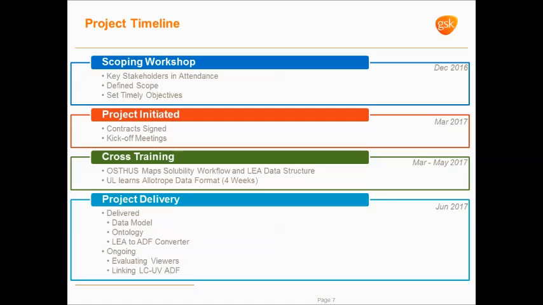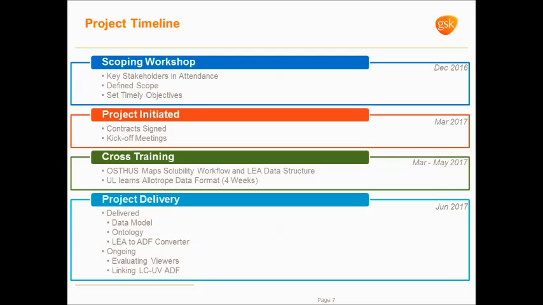Then let's go to the project timeline. We started this project late last year, December 2016, with a scoping workshop with Unchained Lab and Allotrope. We had all the key stakeholders in the meeting for 2 days, including people already working on the Allotrope project like James Roberts, and people from Unchained Lab and Allotrope. We tried to define the scope: what are we trying to get out of this project?